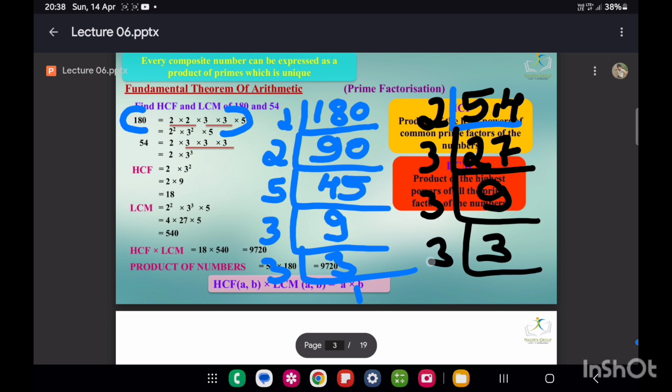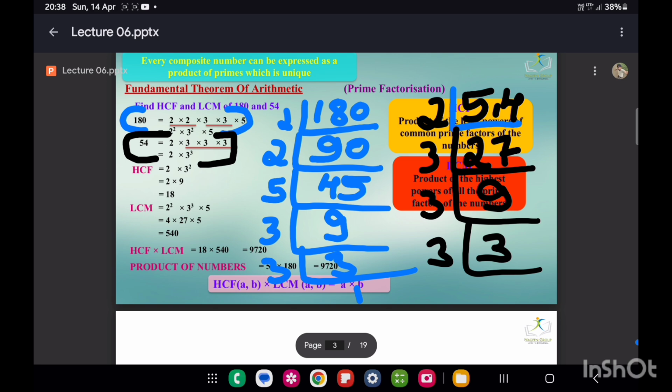So again we have to divide until we get the last one. So we have 2 into 3 into 3 into 3. So we can write it as 2 power 1 and 3 power 3. Take 54 as 2 into 3 power 3.